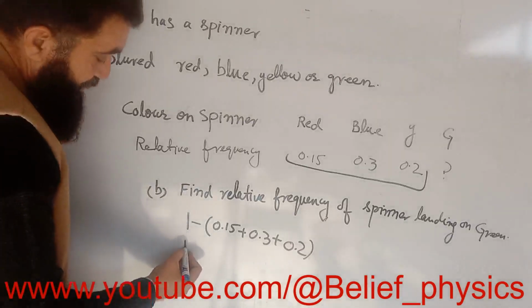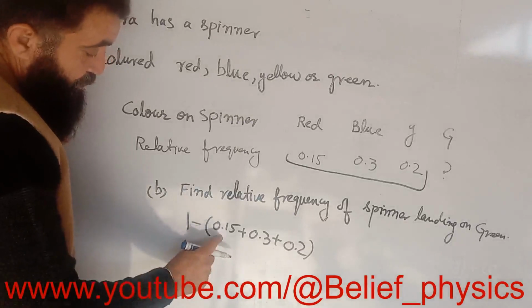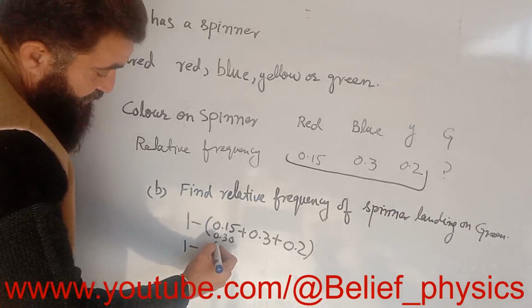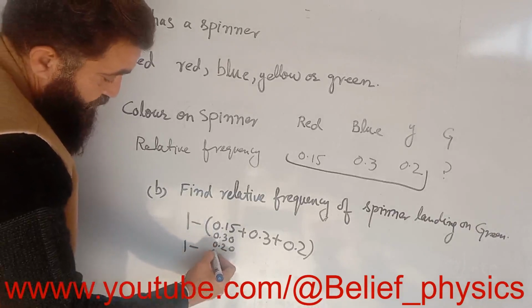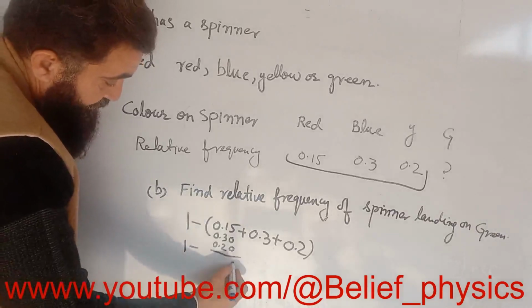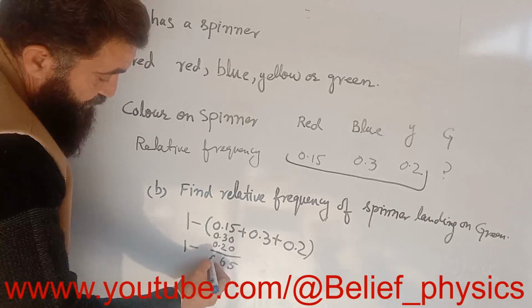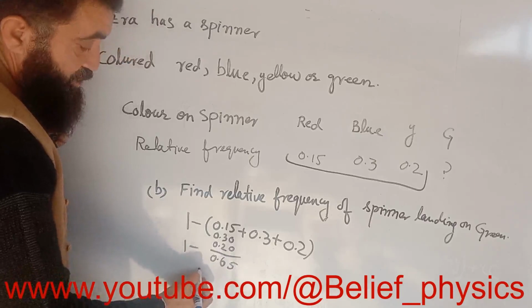If we have one question, we can use a calculator. So 0.15 plus 0.3 plus 0.20. We will add them. 5 plus 0 is 5, 3 plus 1 is 4, 4 plus 2 is 6, so it is 0.65. So we have 1 minus 0.65.